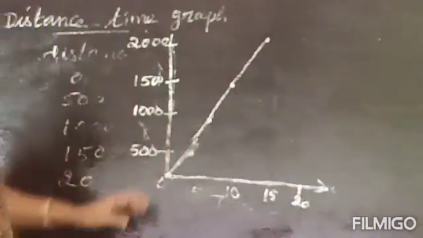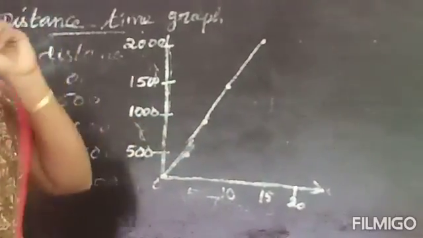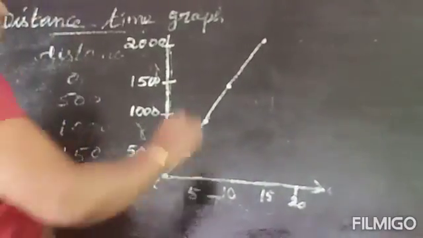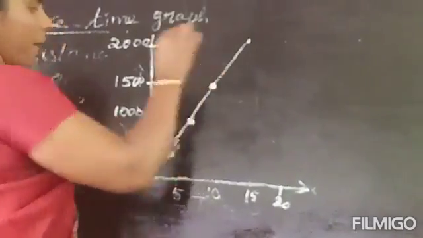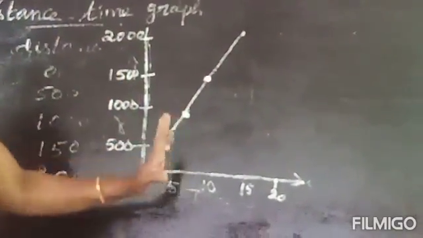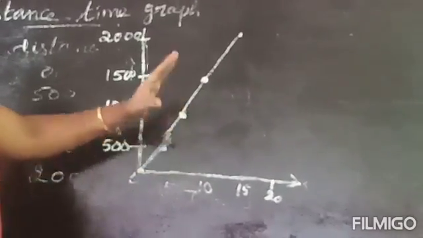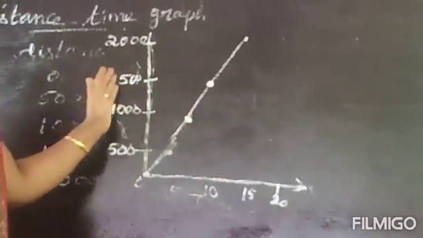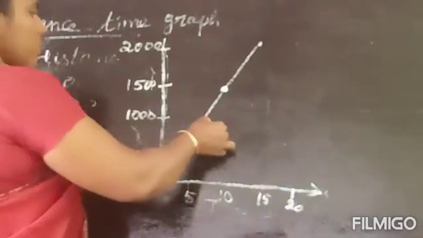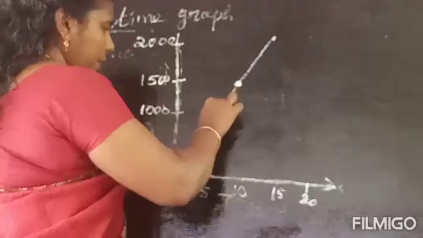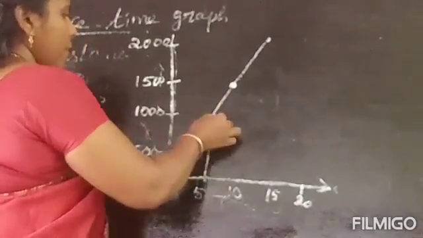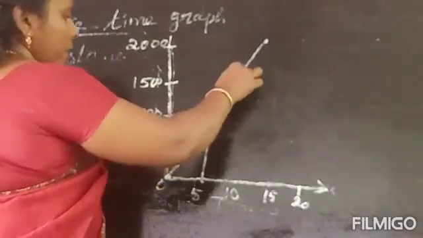Now listen. Here 4 points are there. We have to choose any 2 points. Suppose we choose these 2 points and draw a slope, along the x-axis and the y-axis also.